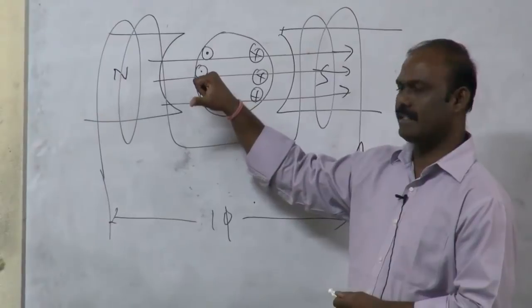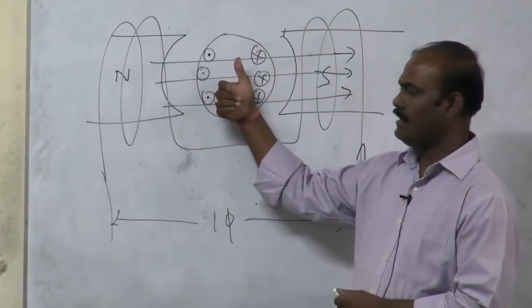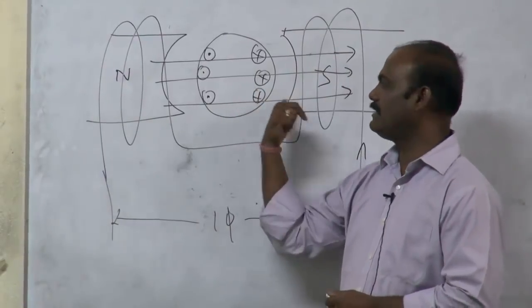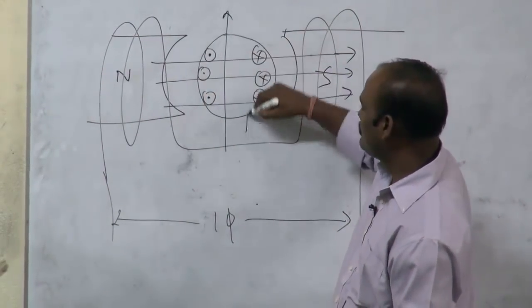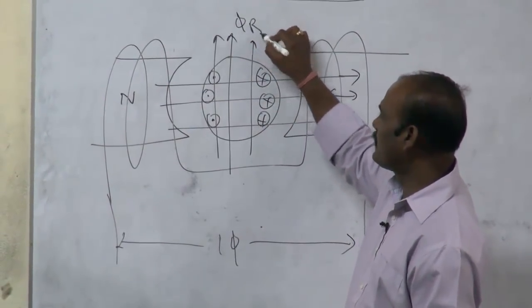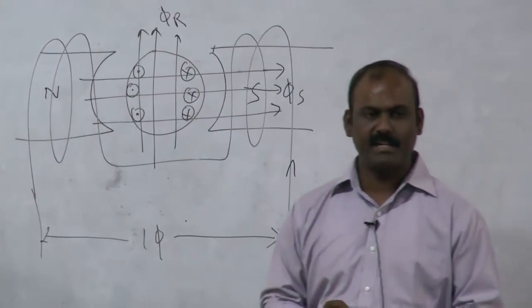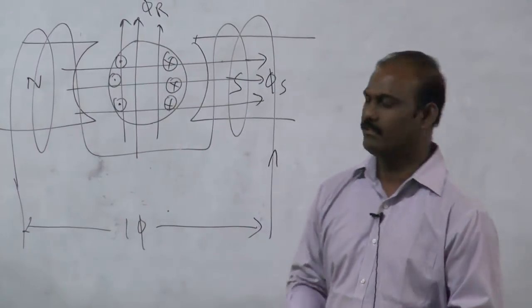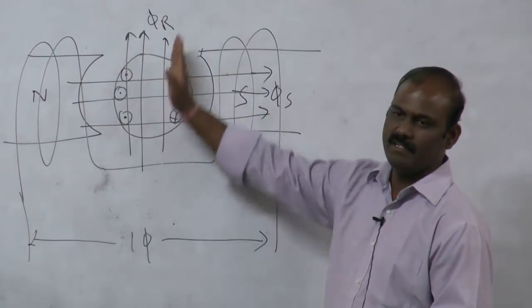So what happens? The current is coming towards your side and entering into the board like this. So flux direction will be like this. Let us represent this as phi r and this as phi s. S stands for stator, R stands for rotor. So stator flux is horizontal, rotor flux is vertical.